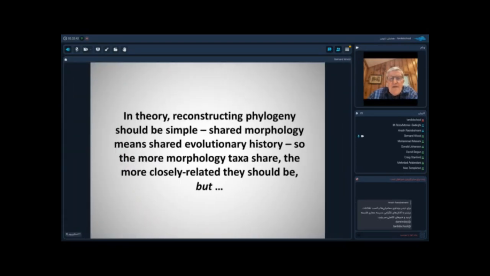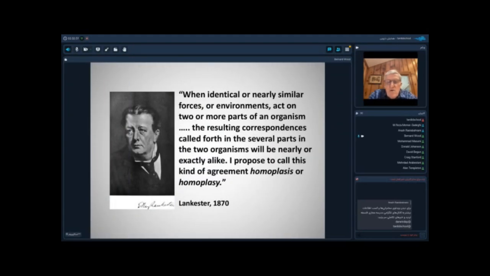So in theory, reconstructing phylogeny should be pretty simple. The more morphology you share, the more evolutionary history you share. But there is a problem. And the problem was identified by this guy called Ray Lankester in 1870, who was the director of the Natural History Museum. And he wrote, when identical or nearly similar forces or environments act on two or more parts of an organism, the resulting correspondence is called forth.